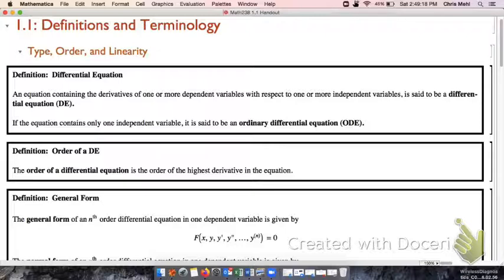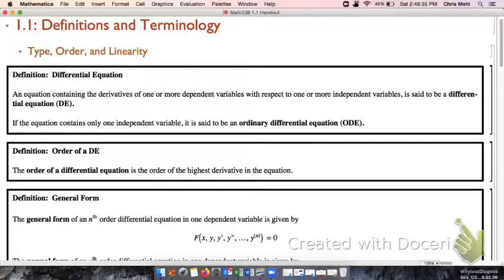You don't really know the derivatives themselves, but you know how they're related through some equation or expression. That equation or expression that relates the derivatives and the original function is called a differential equation.